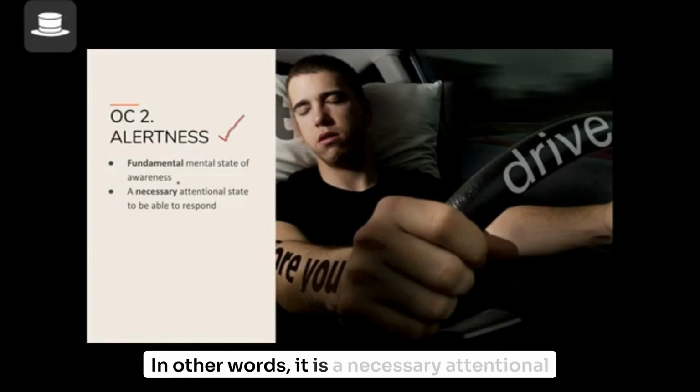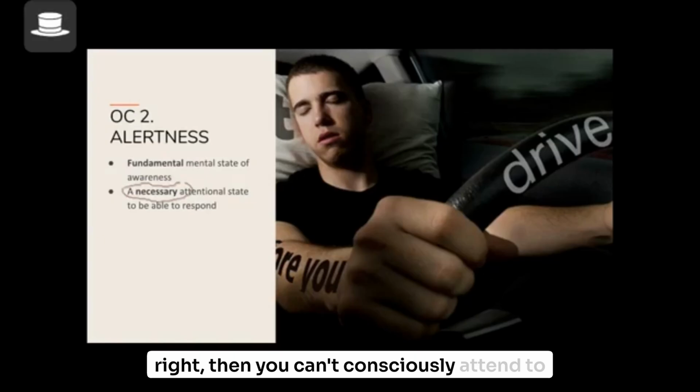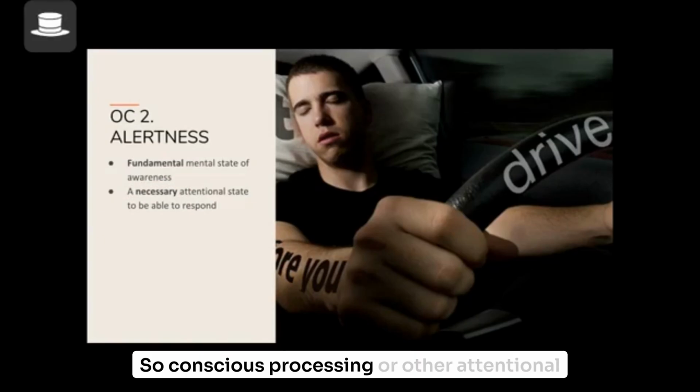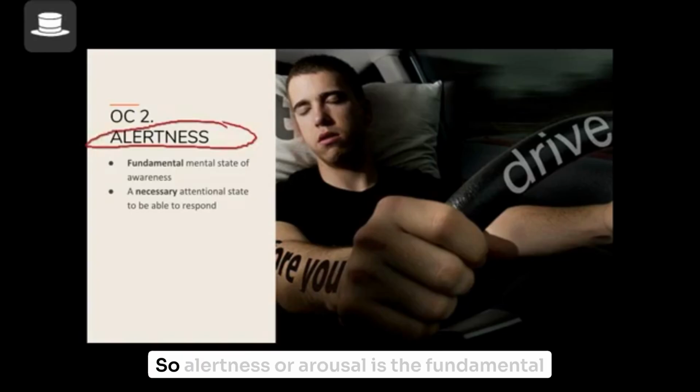In other words, it is a necessary attentional state to be able to respond to the changes in the environment. Now, you can think about it: if you're not aware, then you cannot consciously attend to information. So conscious processing or other attentional processing does not happen without this basic fundamental state. So alertness or arousal is the fundamental mind state, a state that keeps you aware of yourself and the surroundings around you.